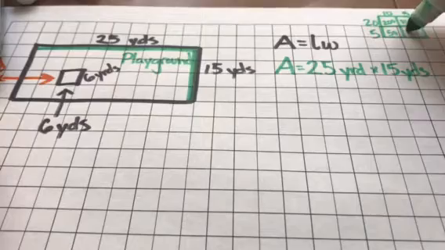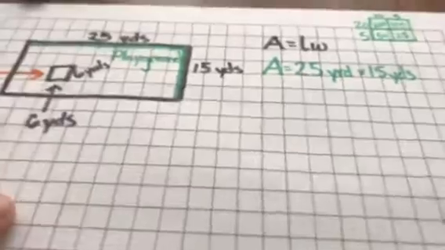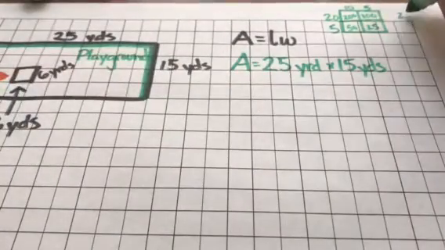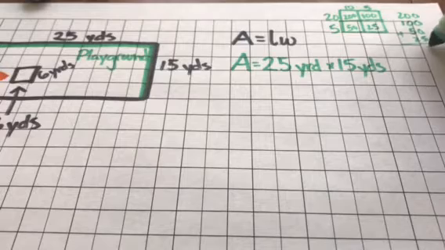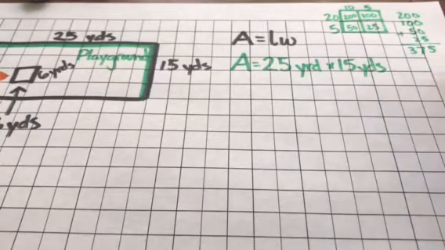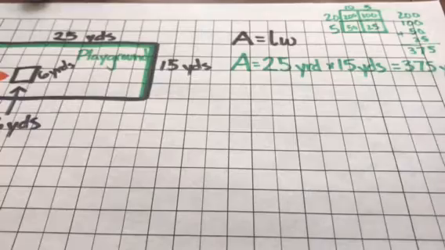And 5 times 5 is 25. If I add these all together, 200 plus 100 plus 50 plus 25, that's 375. So I know the area of the playground is 375 square yards.